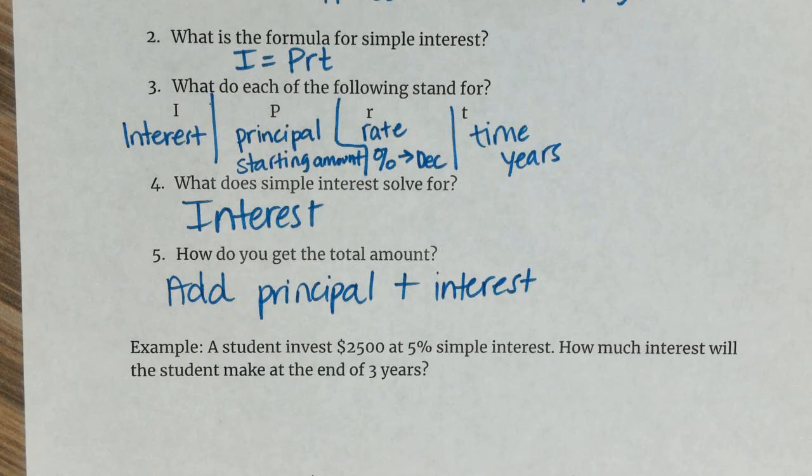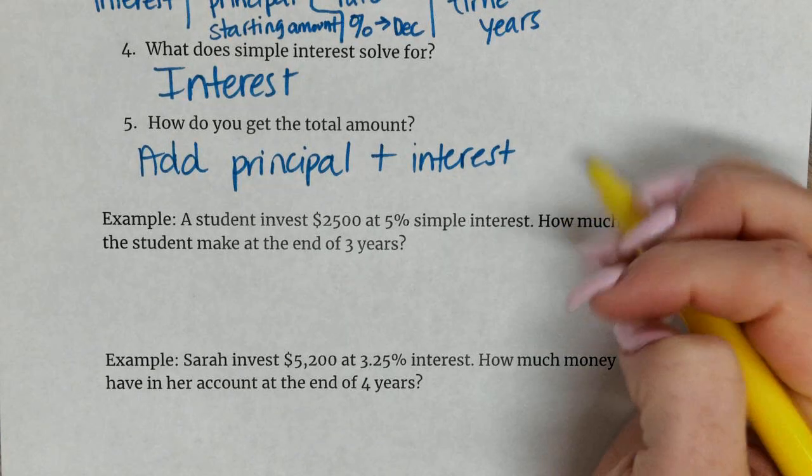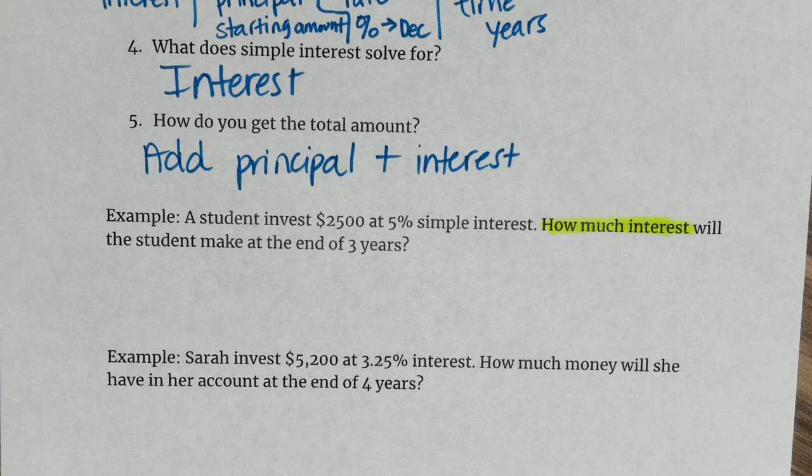Now, yesterday, the question that we solved only asked for the interest. Today, you have to read the question and see what it's asking for. So everybody look at the first example. A student invests, so they're going to make money, $2,500 at 5% simple interest. How much interest will the student make at the end of 3 years? I want you to circle or highlight how much interest, because that tells you what you're looking for.